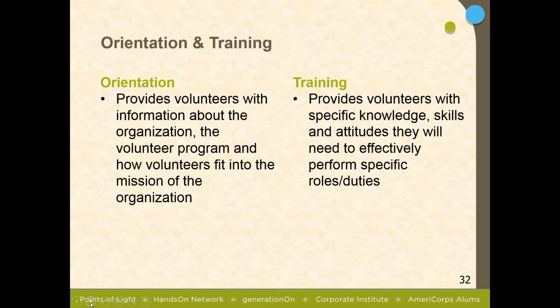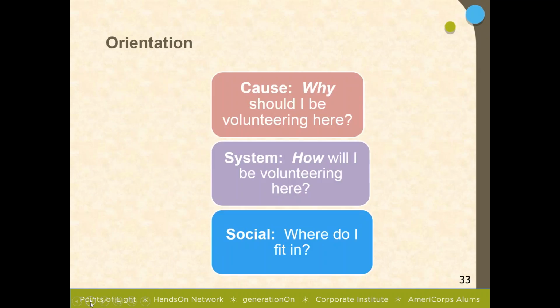And I think that by thinking about it in those two ways, it can really help volunteer managers and administrators and staff in our organizations be able to effectively plan their orientation and training programs.